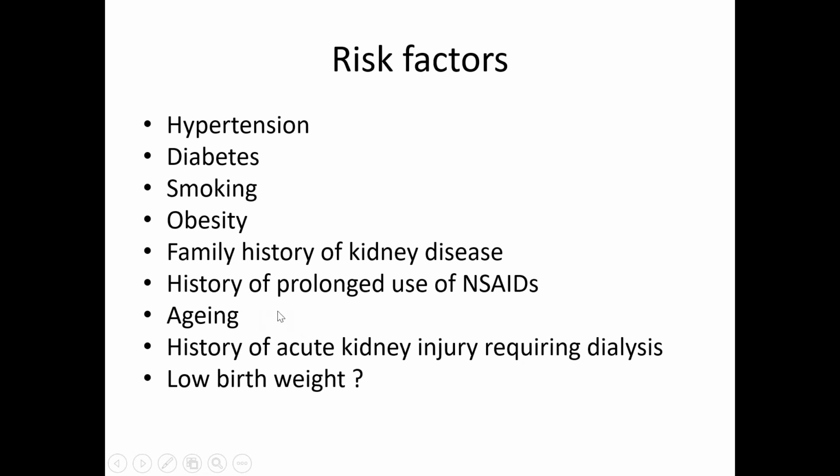After the age of 30, there is a decline in the GFR by 1 ml per minute every year. So by the age of 70, the normal GFR becomes 70 ml per minute. That is already in stage 2.